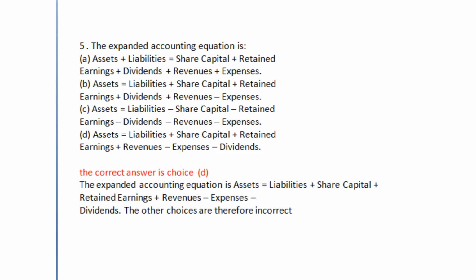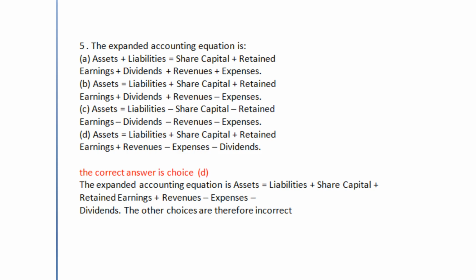C. Assets, liabilities, share capital, retained earnings, dividends, expense. D. Assets equals liabilities plus share capital plus retained earnings and revenues, expenses, dividends.